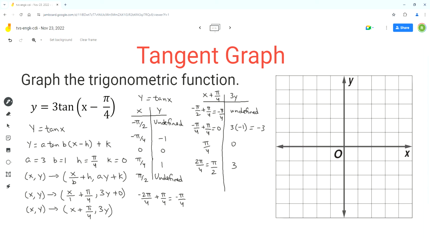Now we can use the fifth point from the parent function. The x value is pi over 2. So pi over 2 plus pi over 4. Pi over 2 can be written as 2 pi over 4, and 2 pi over 4 plus pi over 4 will be equal to 3 pi over 4.